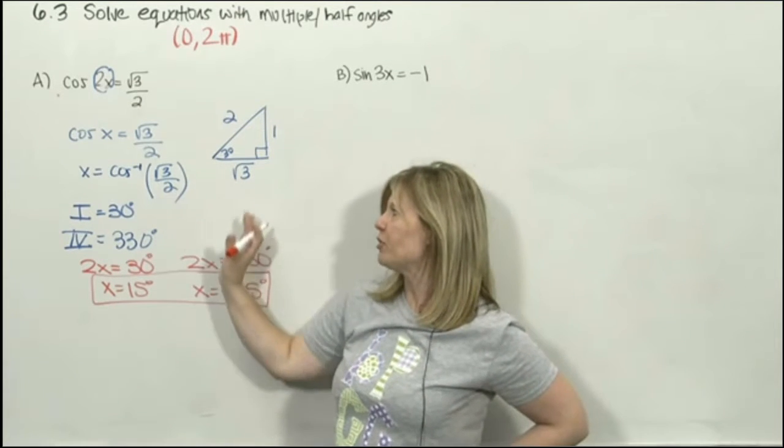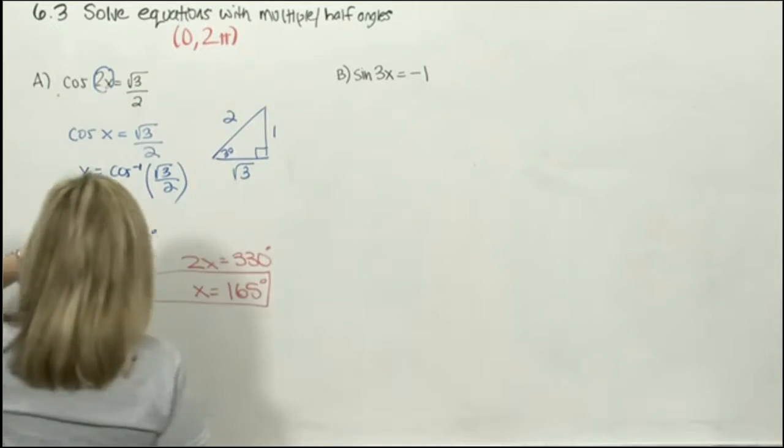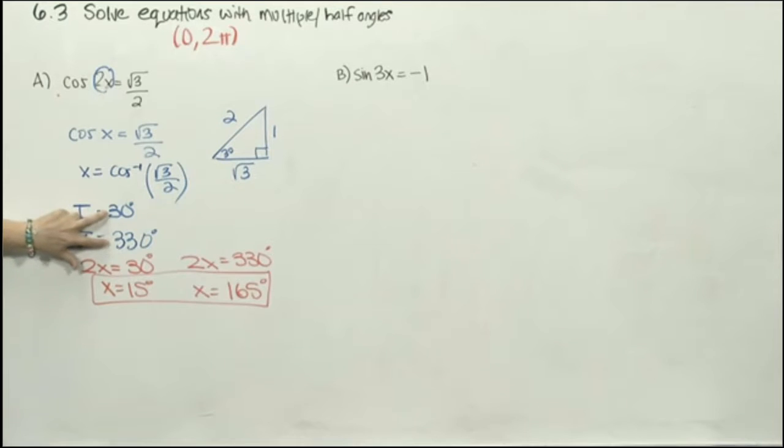When you do this method, because this is a double angle, you have to take these answers and think about this from the beginning of the semester. If I draw a 30-degree angle, what quadrant does my terminal ray land in? My terminal ray lands in quadrant 1.